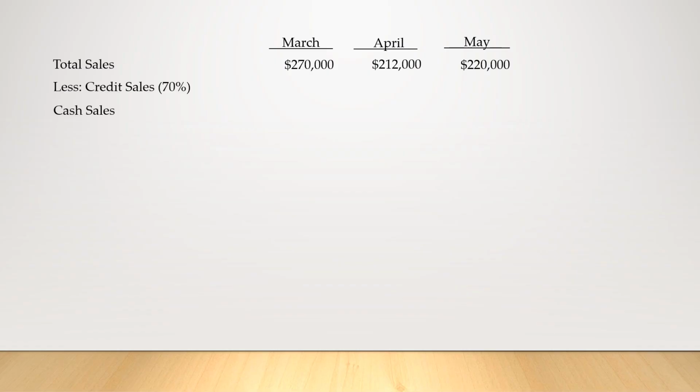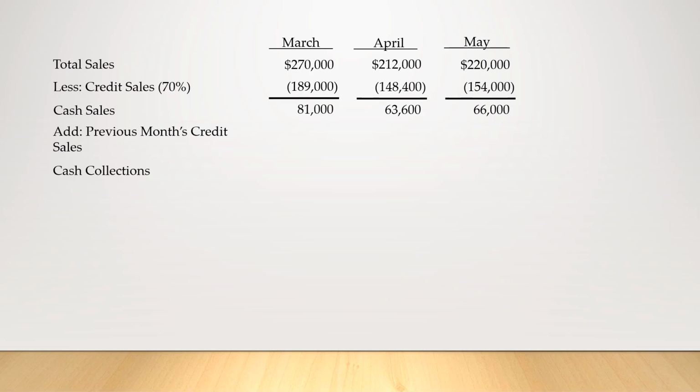So deduct 70%, the portion of total sales that were on credit. Cash sales for March, April, and May are $81,000, $63,600, and $66,000. The previous month's credit sales are collected in cash in the subsequent month. So March's $189,000 credit sales are received in April, and April's $148,400 of credit sales are received in May.